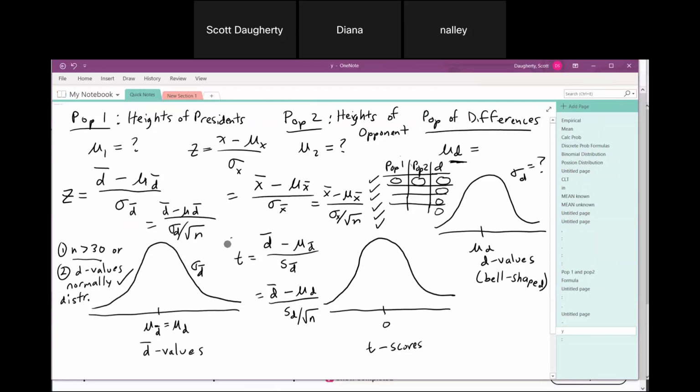Now this is going to be our test statistic right here. So now we can convert any d bar value that we get over here into a t-score over here. Okay, so that's going to be our test statistic. All right, now going back to the traditional method that we were talking about.